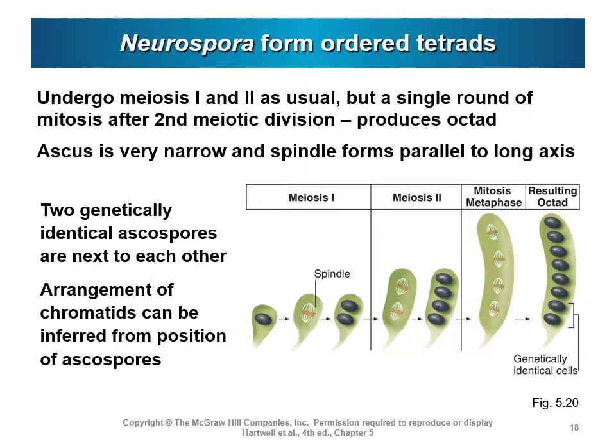That's what is resulting in production of an octad. The ascus is very narrow and the spindle forms parallel to the long axis, as you can see here. And two genetically identical ascospores are next to each other. An arrangement of chromatids can be inferred from the position of ascospores.